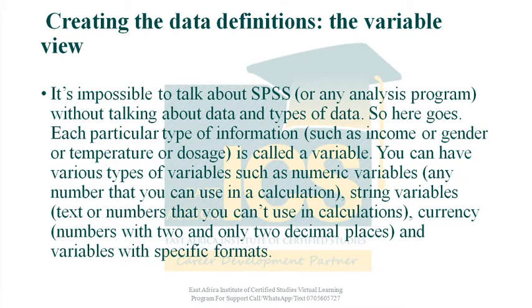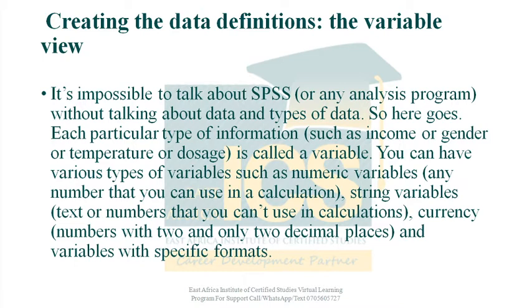You can have various types of variables, such as numeric variables. Those are any number that you can use in a calculation. String variables are simply text or numbers that you can't use in calculation. So you cannot use the name of a school in a calculation.